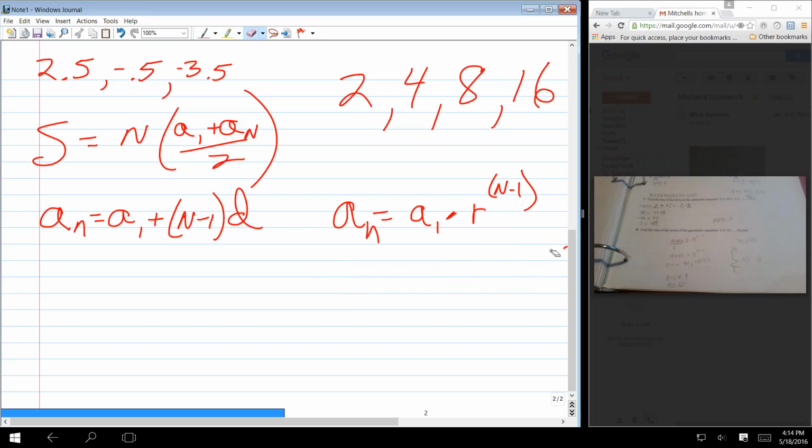Now what's the summation formula for a geometric series? We'll call this arithmetic, we'll call this geometric. I'm going to have to look it up if you don't know it.